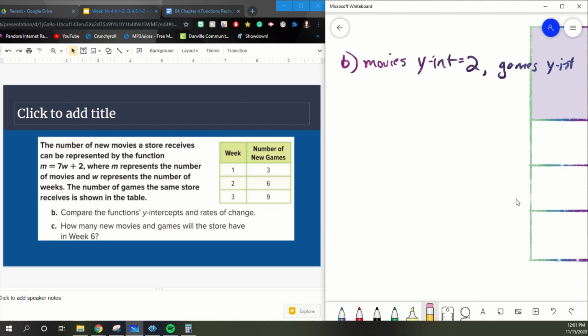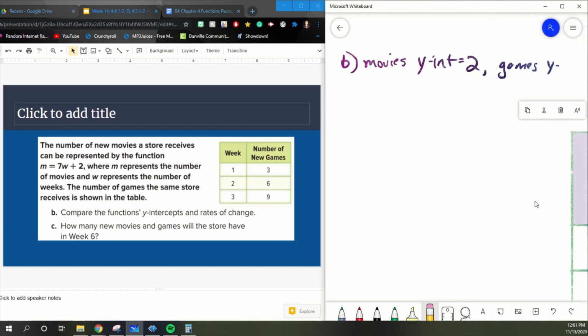The y-intercept is equal to 0, because if I keep going down by 3 and my week is at 0, I have 0 games.